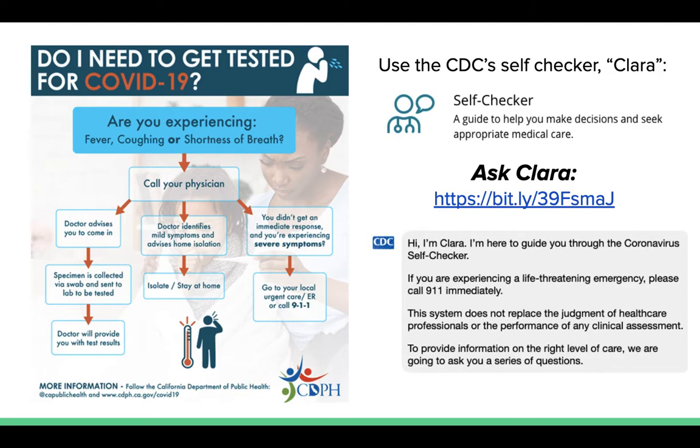Like in the picture here below, if you log in and put in your list of symptoms, she creates an algorithm that can decipher whether you should seek immediate emergency care, call your doctor, treat symptomatically, or just stay at home and isolate. This is a really, really good resource, and we have the link right here. If you have any kind of fear or question after watching this presentation, you can definitely have this at your disposal and utilize it.